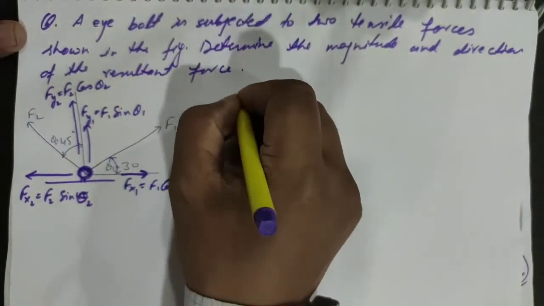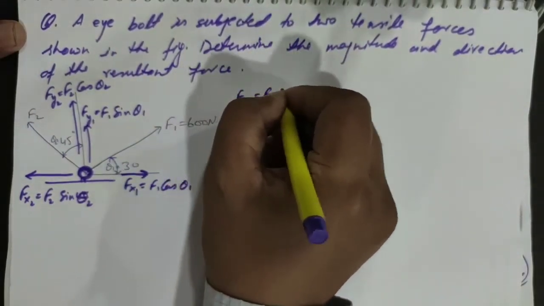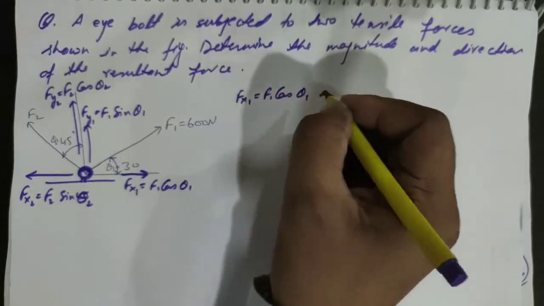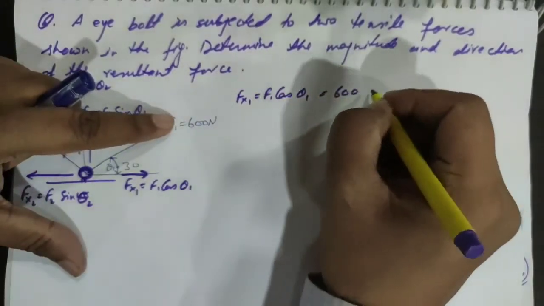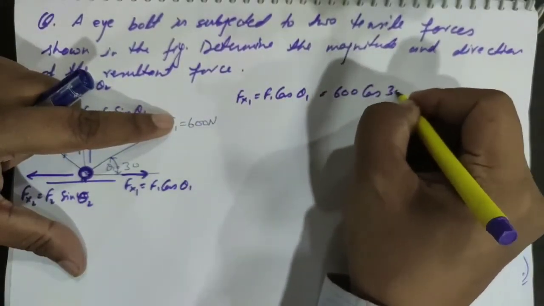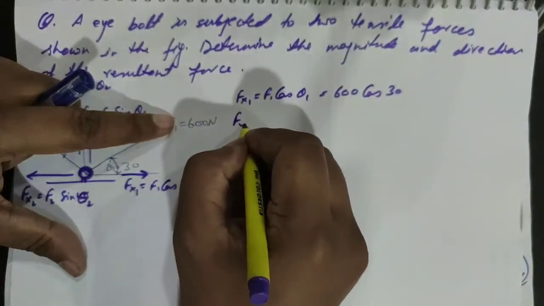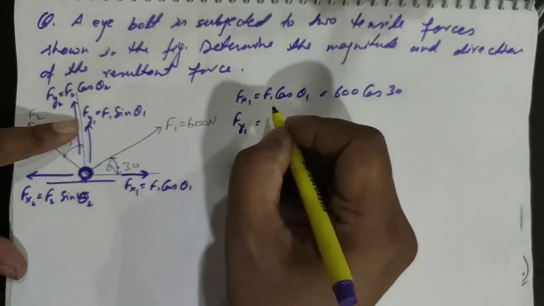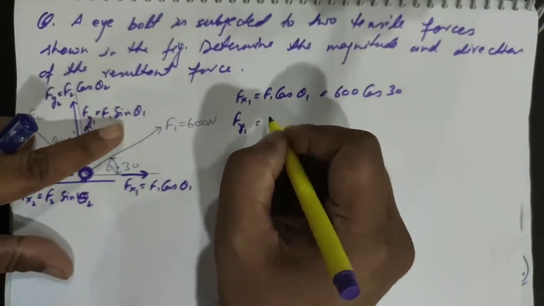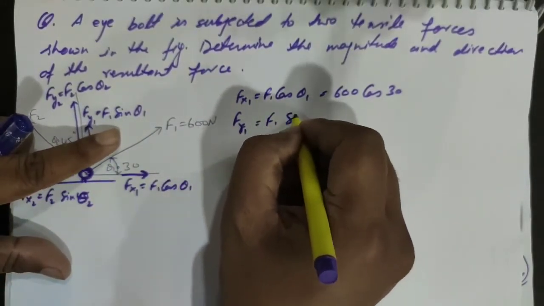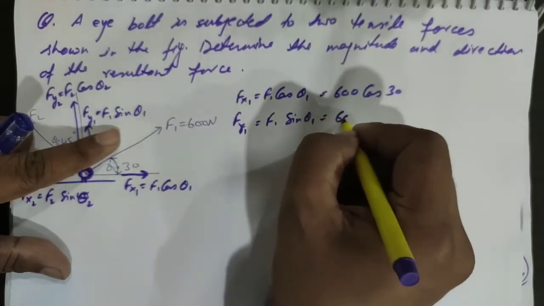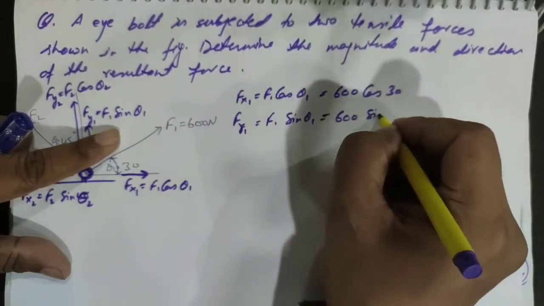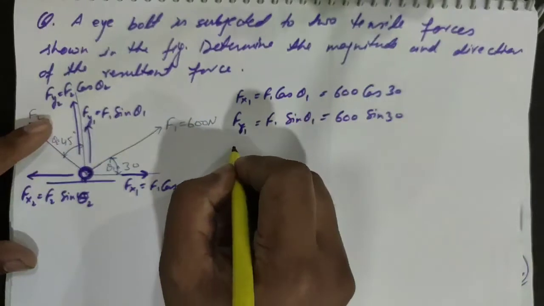Fx1 is equal to F1 cos theta 1, so the value of F1 is 600 Newton, cos 30 degree. Fy1 is F1 sin theta 1, 600 sin 30.